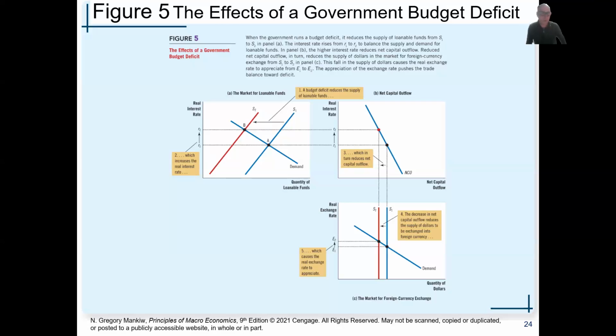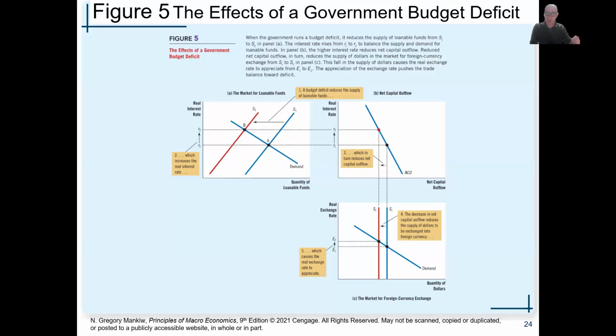So what are the other effects graphically? Because of the government budget deficit, of course, this results in less loanable funds due to the higher interest rate. So we see a shift in the supply curve to the left. Equilibrium moves up.